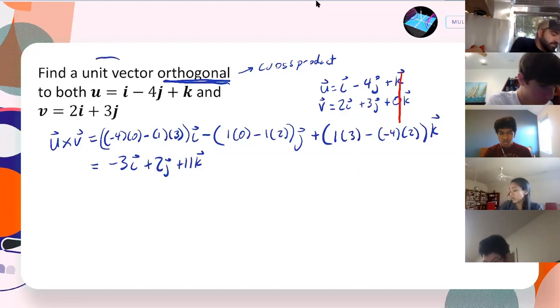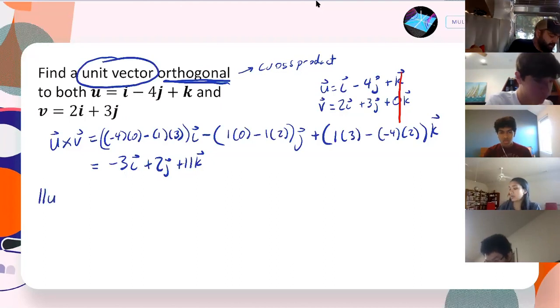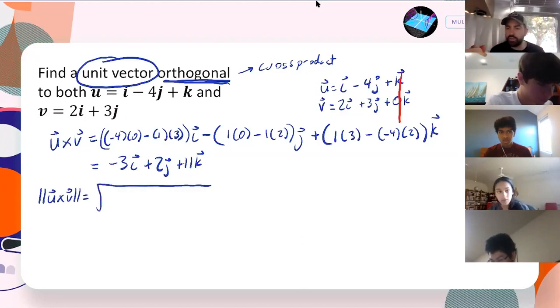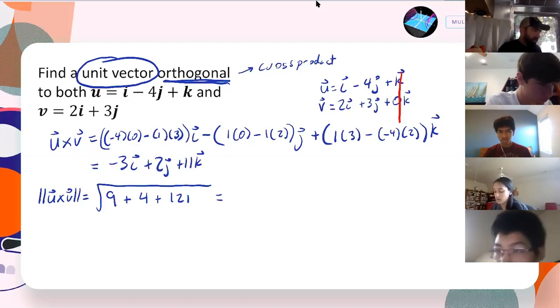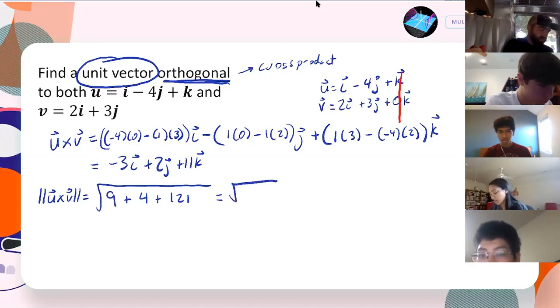Notice it wants the unit vector. So what I'm going to need is the magnitude of u crossed with v. I'm going to take the square root and then square each of the components and add them together. So -3 squared is 9, 2 squared is 4, 11 squared is 121. And then if I add that all together, I have the square root of 134.